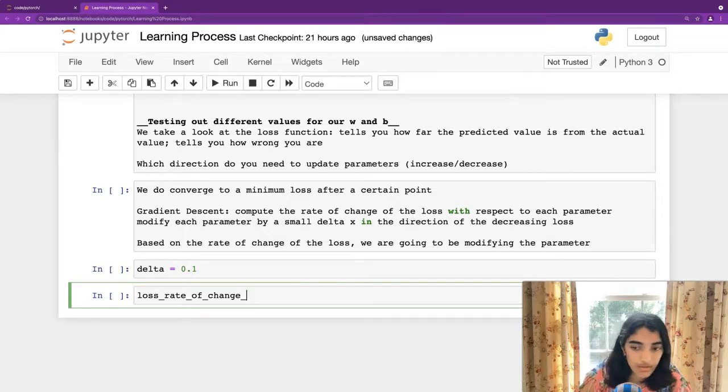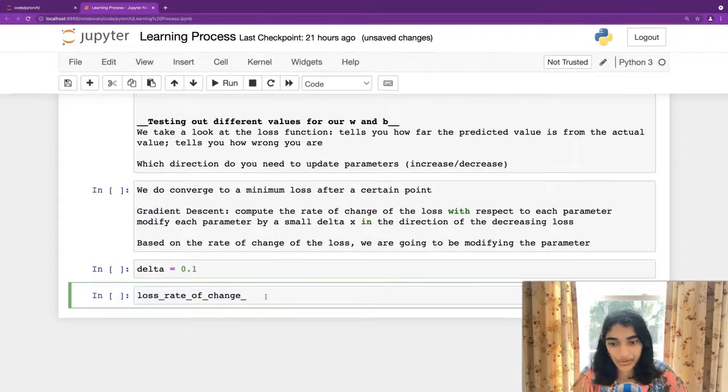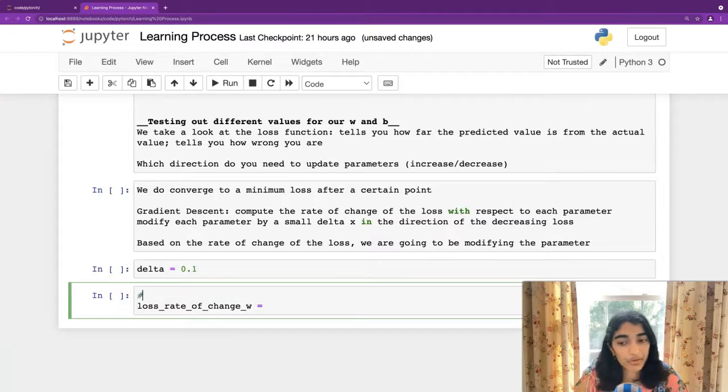Okay, by the way, let's go back to the thing that we were working on. So let's take the rate of change of the loss with respect to our W. Let's make a comment because I know this variable name is kind of confusing.